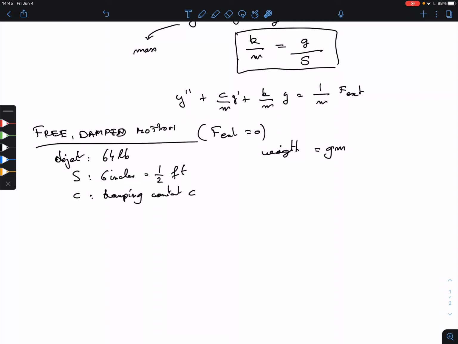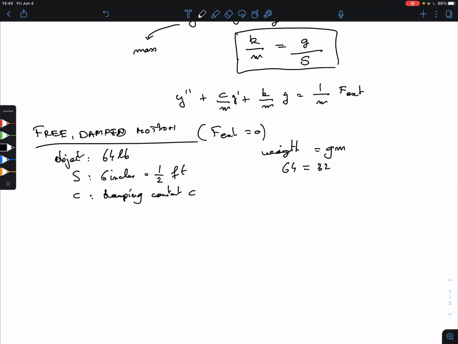Okay, so in this case, we know that the weight was 64, which is equal to 32 times the mass. We have to use, of course, the gravitational constant in terms of feet per second squared. You have to use always the right units here, and that's the one thing where it really matters: are we using the British system, the old system, with feet and inches and pounds, then we have to use 32.